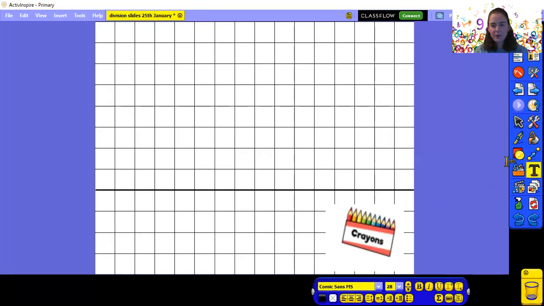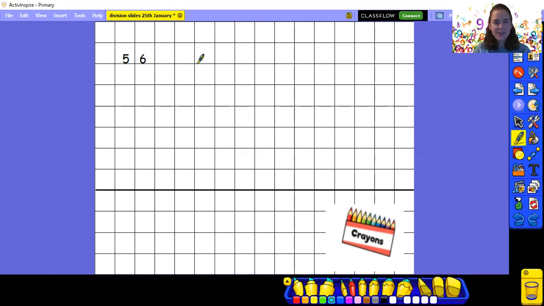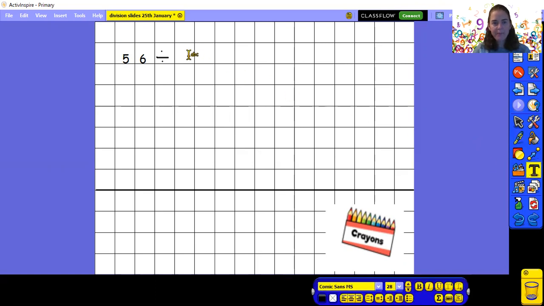So I'm going to type 56, using one square for one digit, and then I'm going to use my division sign. Let's get a black pen. So I've got 56 crayons, and we're going to divide them into packets of 10. So 56 divided by 10 equals.